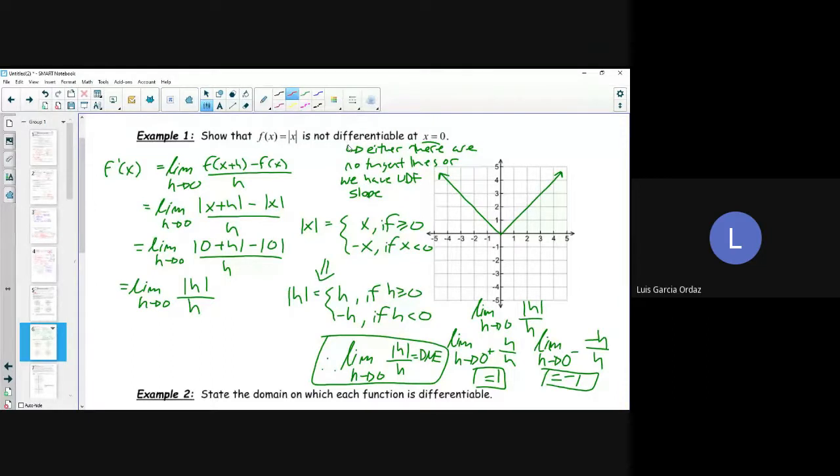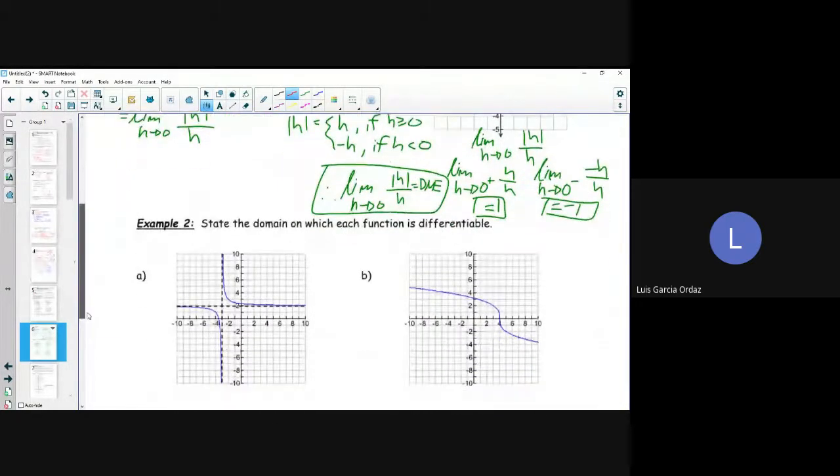So again, this is just another way of using the definition of a derivative to figure out if something is differentiable or not differentiable.